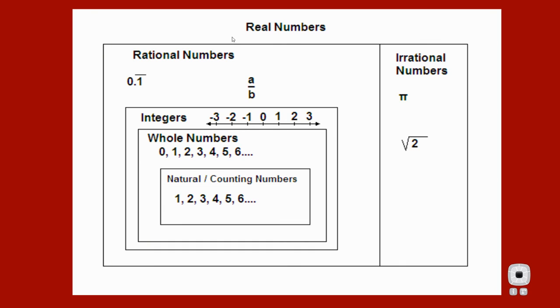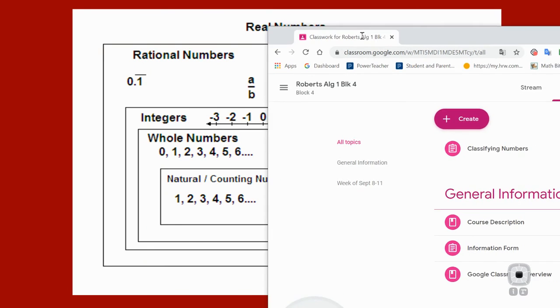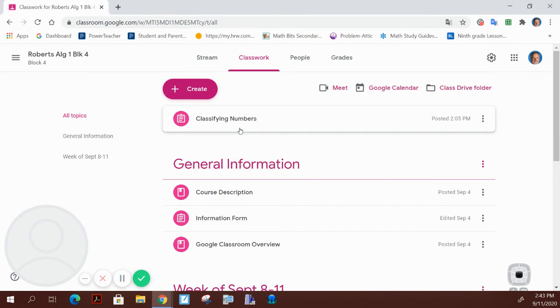Here's what I'd like to do. I may have already sent it to you. Let me look right quick. At the top of your classwork, you're going to see a slide that says classifying numbers.